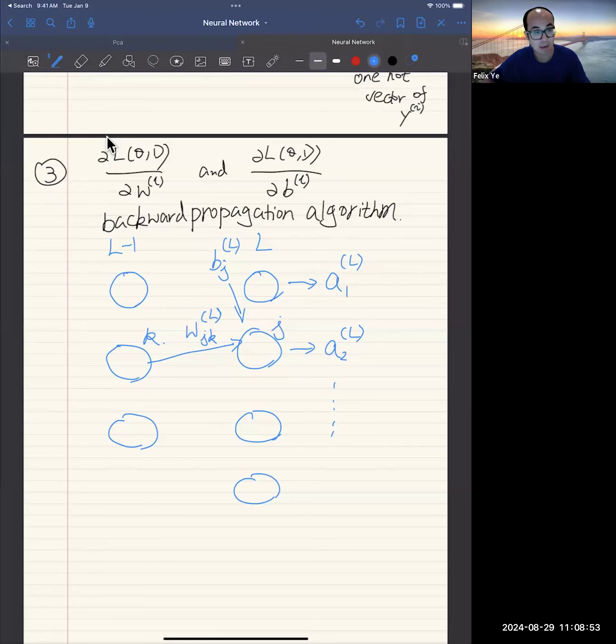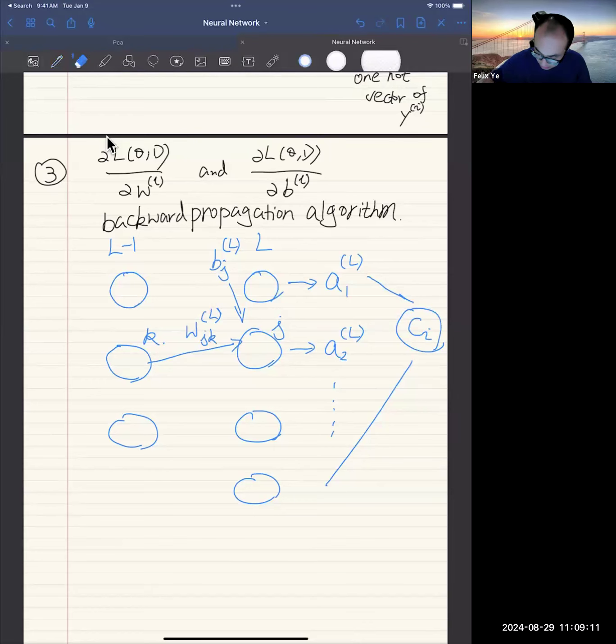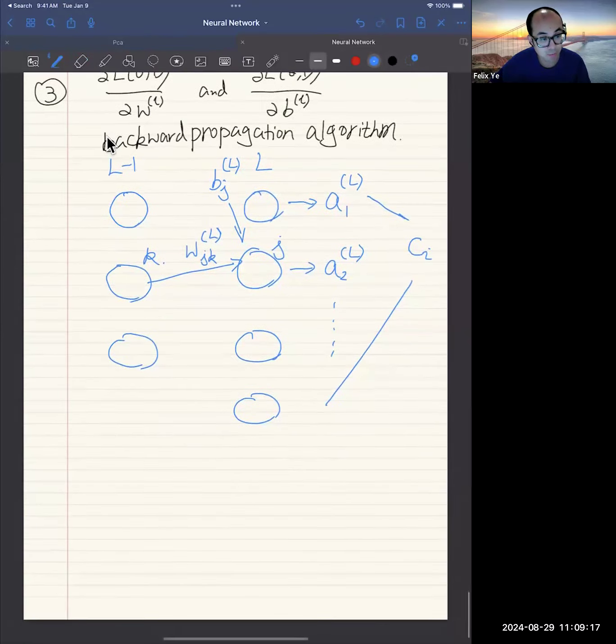At the end, these components just combine together, and this becomes the error of one sample, the sample error C_i here. This is not a neuron, just the loss.